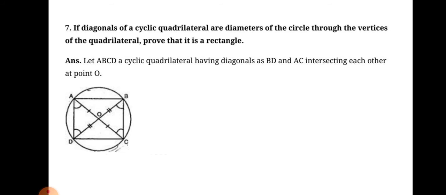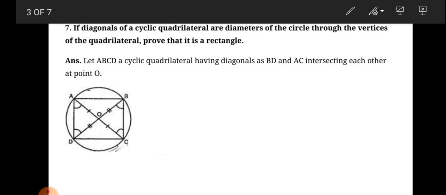Let ABCD be a cyclic quadrilateral having diagonals BD and AC intersecting each other at point O. Now angle BAD is equal to half of angle BOD.